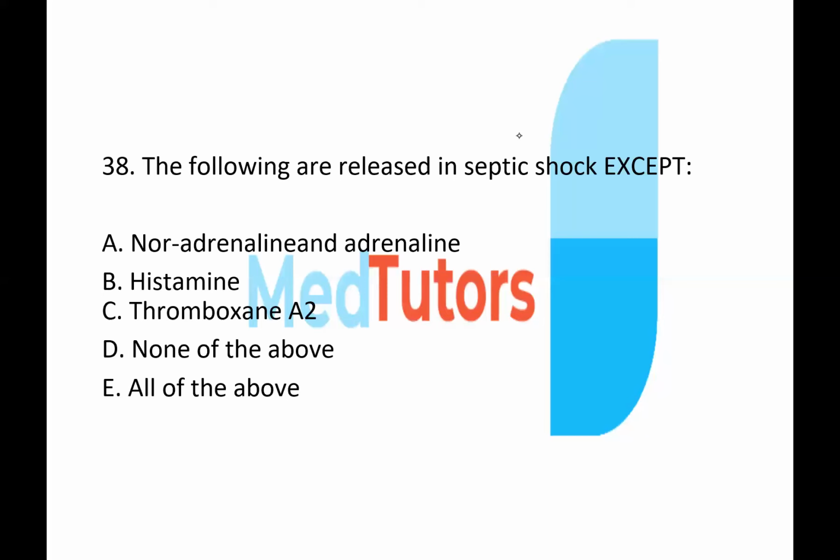They only respond to inotropic and chronotropic agents. You keep on giving fluid, they will not respond. The following are released in septic shock except: A, noradrenaline and adrenaline. Histamine, thromboxane A2, none of the above, all of the above.